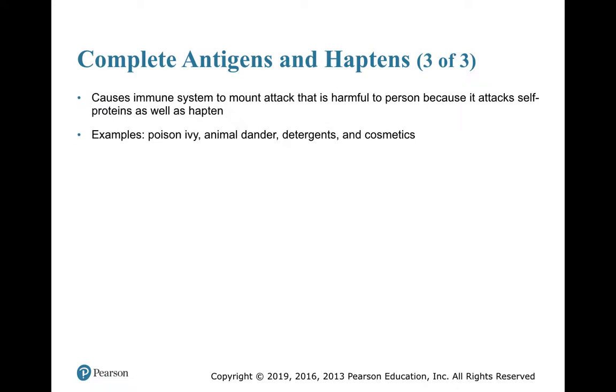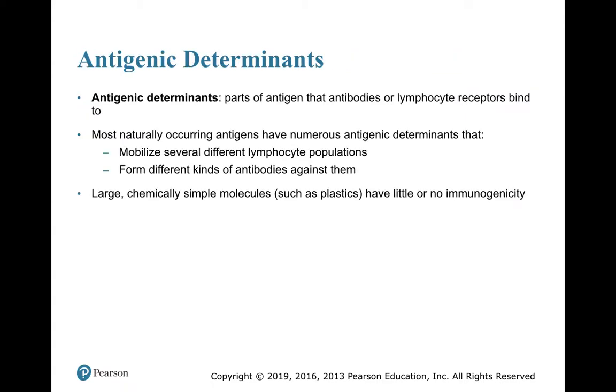That can cause the immune system to mount an attack because it is attacking the self proteins as well as the hapten. Some examples of this include poison ivy, which most of the population of the world is allergic to, not everyone. Animal dandruff, some detergents, some cosmetics, people that are sensitive to these things.